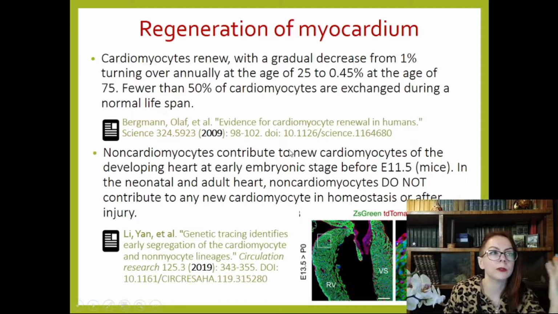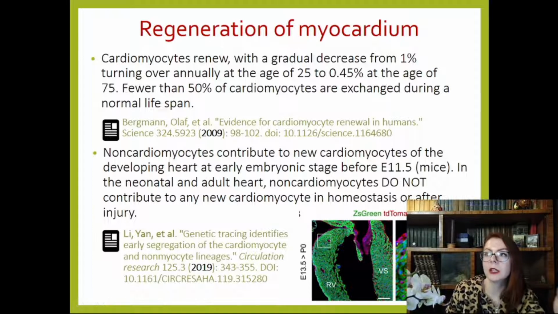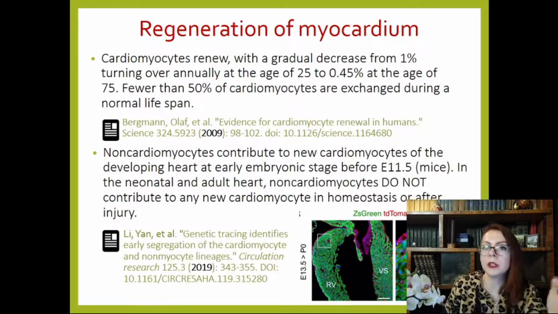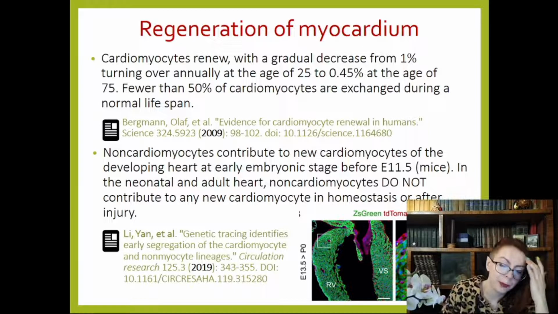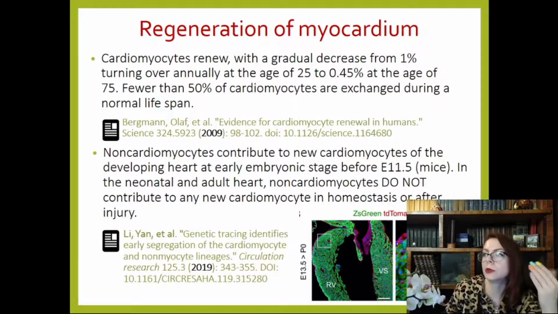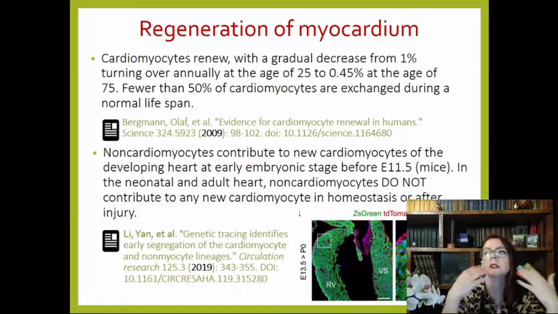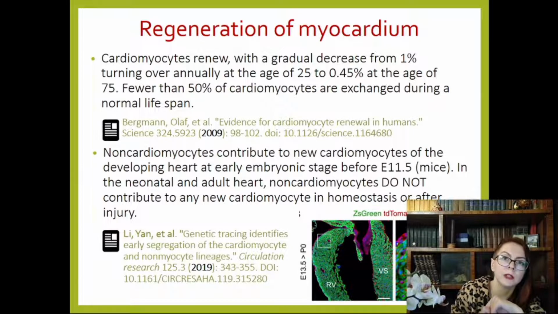There were lots of investigations, and it was thought for a long time that undifferentiated cells reside in the myocardium, and after stress or injury they could be used as the source to regenerate cardiomyocytes. Actually, that's not true. Nowadays, according to the most precise experiments with genetically modified mice, it was revealed that cardiomyocytes, even after infarction, are formed only from pre-existent cardiomyocytes by division.